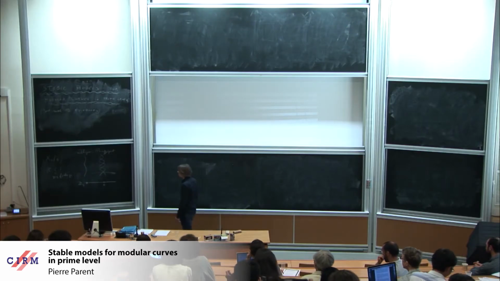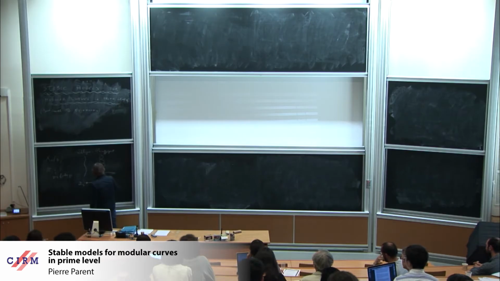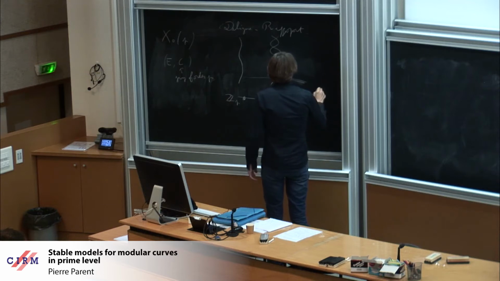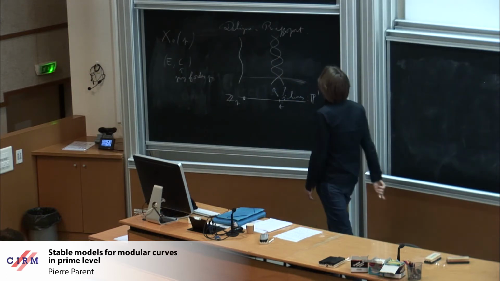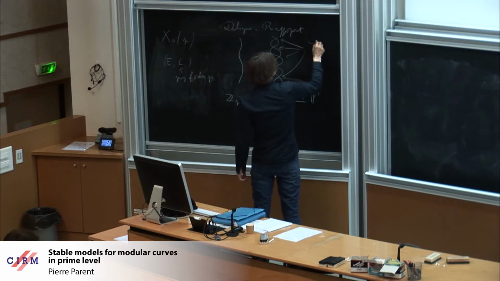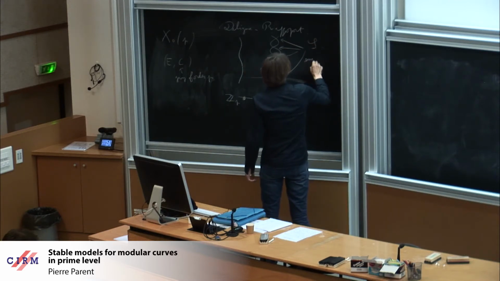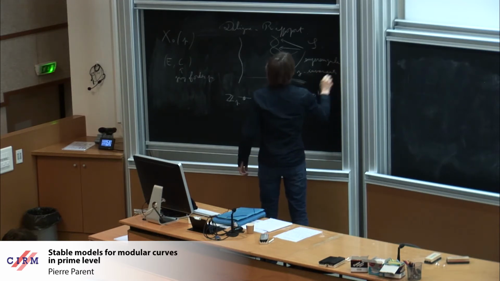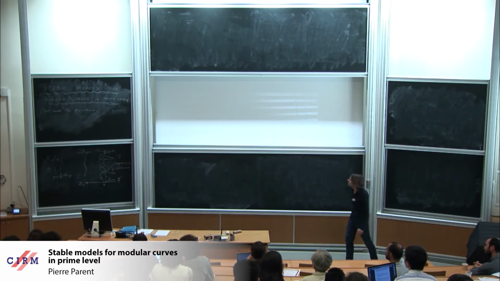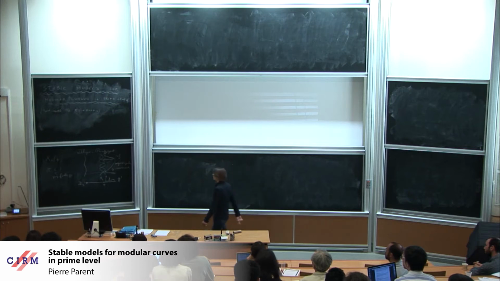So there are two irreducible components which are j-lines, so copies of P^1, and the two intersect in a certain number of points which correspond to supersingular j-invariants in characteristic p, and the set of those supersingular invariants I will denote by curly S during all my talk.